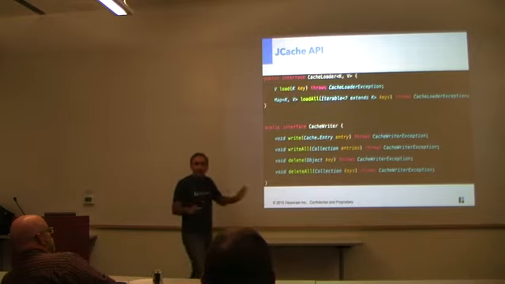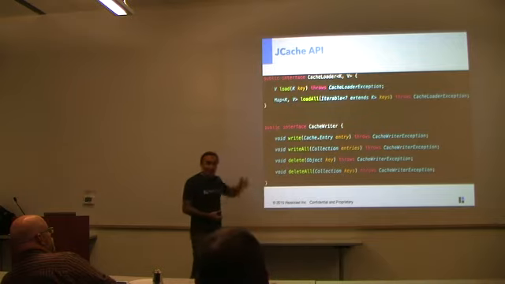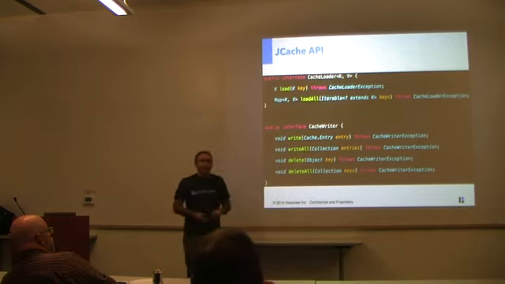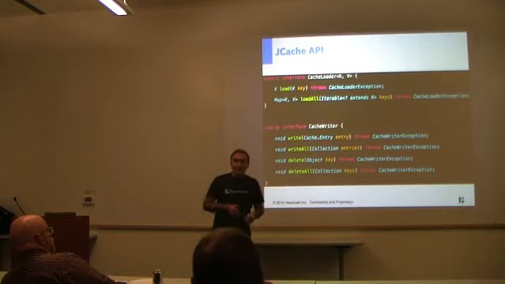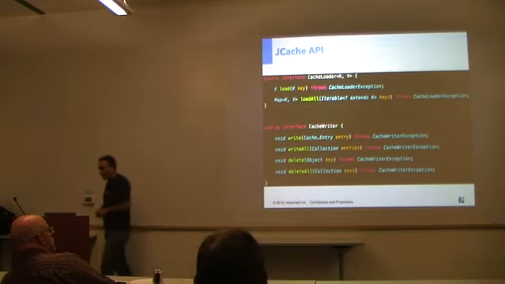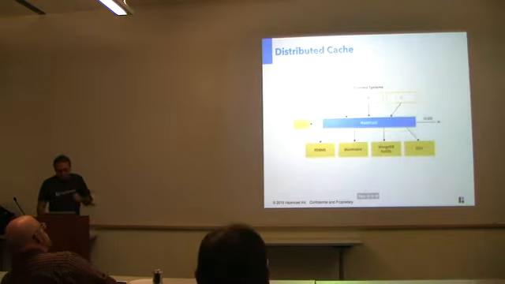You don't care how you write it, and we ask you to load it when we don't have it. So that's the deal. You implement that, and there will be implementations available, like for JPA, Mongo, Cassandra, that you don't have to write. But if there isn't, then you just have to implement those interfaces.